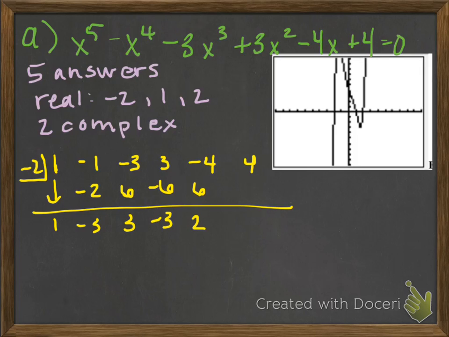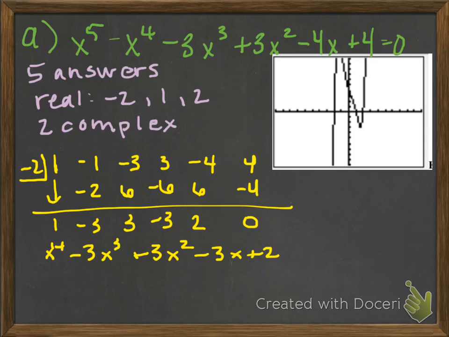Add, we get +2. -2 times 2 is -4, and we have no remainder. So by doing this, I was able to go from the 5th power down to the 4th power. Technically now I'm at x to the 4th minus 3x cubed plus 3x squared minus 3x plus 2.